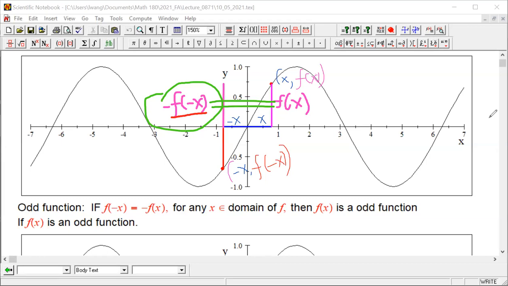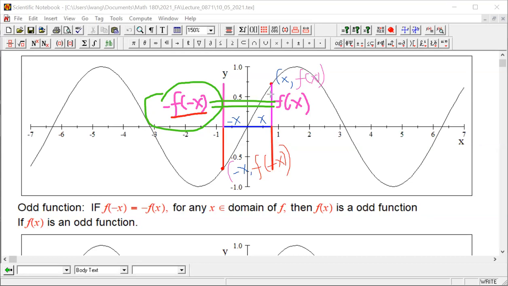Similarly, this piece of purple, if I flip over, what do I get? Well, the purple flipped over, you get the red. And if you flip this purple over, you're going to get red as well, right? You're just going to get a red over here, for that input.